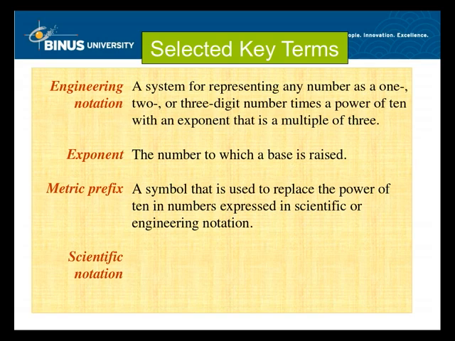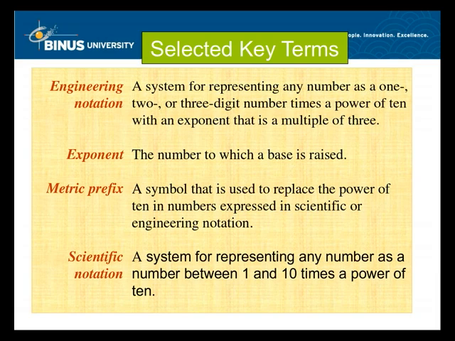Scientific notation is an alternative to the engineering notation, and by definition, scientific notation is a system for representing any number as a number between 1 and 10 times the power of 10. That's the definition of scientific notation.